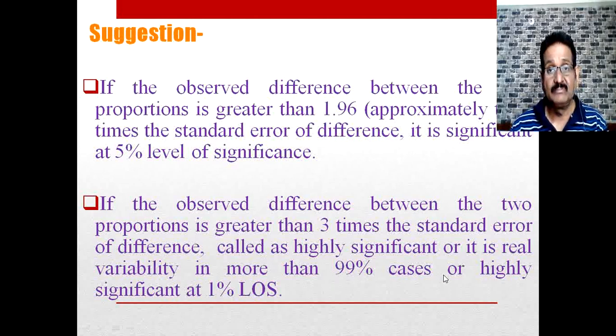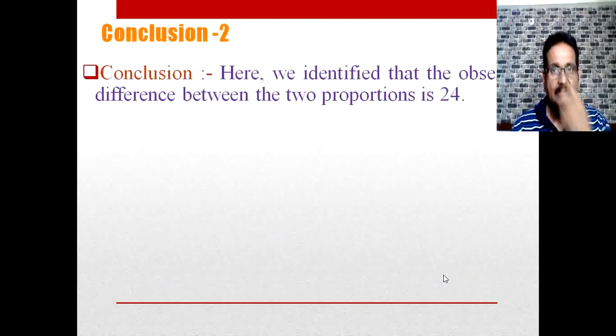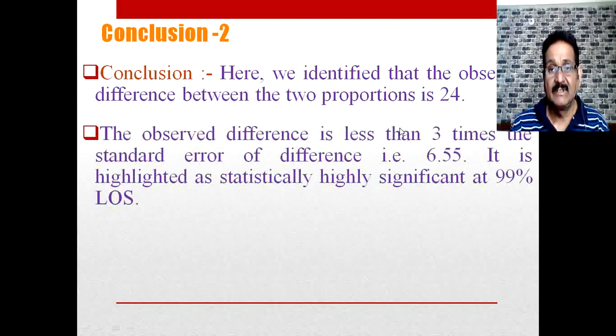So now we found that the difference between the two proportions is 24, and the standard error is found to be 6.65. When you multiply 6.65 by 3, that is approximately 21.